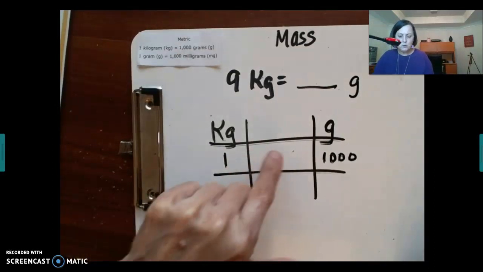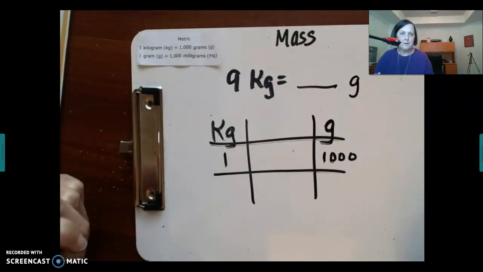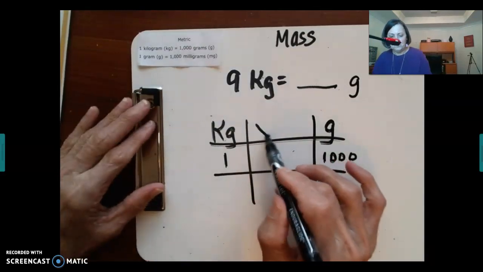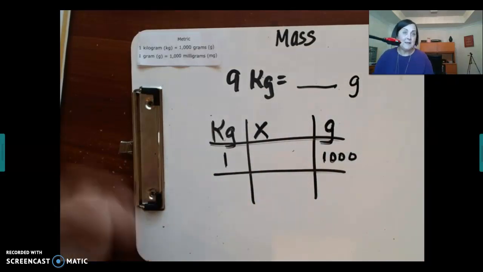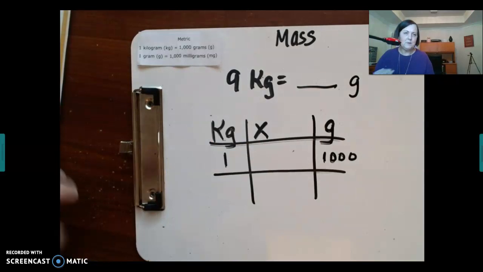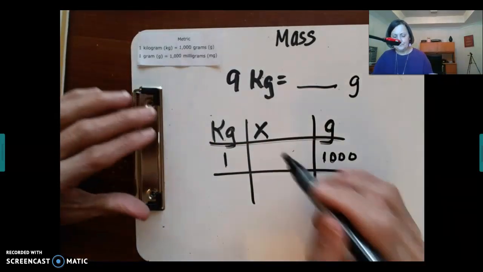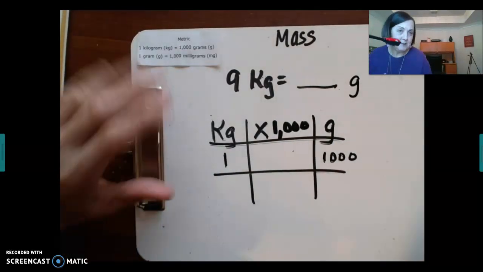Now think about your rule. What are we doing? Are we multiplying or dividing? Think about that. Write that up here. We're multiplying because we're going from smaller to bigger. So what are we going to multiply 1 times so you get 1,000? Write that right up there, please. Okay. You should have written it right there. 1 times 1,000 equals 1,000.